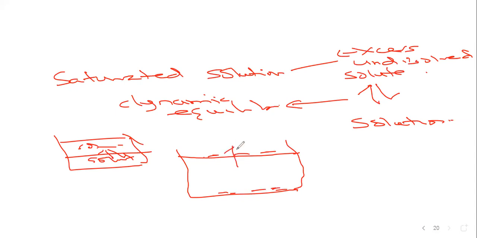So if the tendency of them coming to the surface is equal to the tendency at which they dissolve in the solution, that's when we establish what we are calling a dynamic equilibrium. And at that point, the amount of solid dissolving balances the amount of substance that is crystallizing or coming to the surface of the solution. So you need to understand that concept of dynamic equilibrium of a sparingly soluble salt.